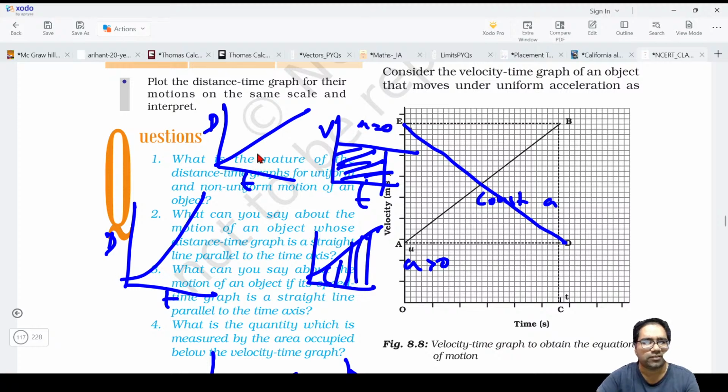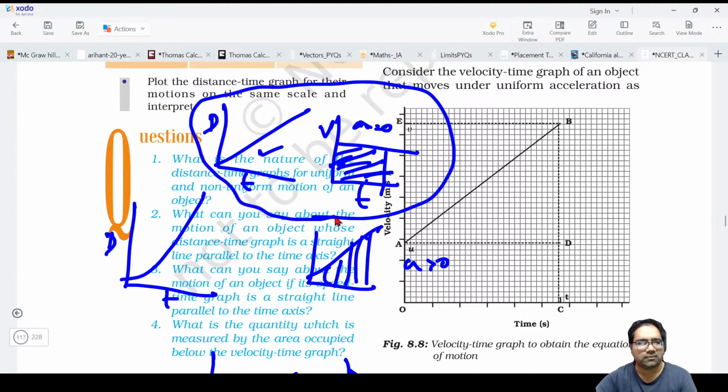This is the first part of the story. These three things go together: distance time, this graph; velocity time, this graph; and a equals to 0. These three will make one piece.